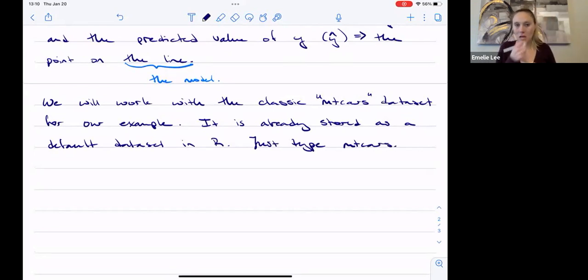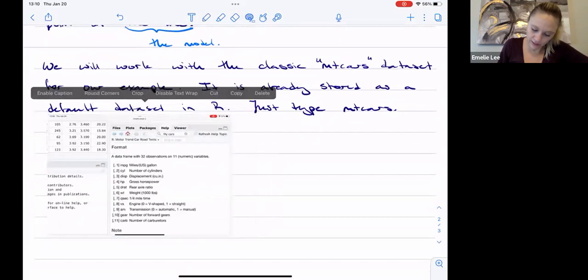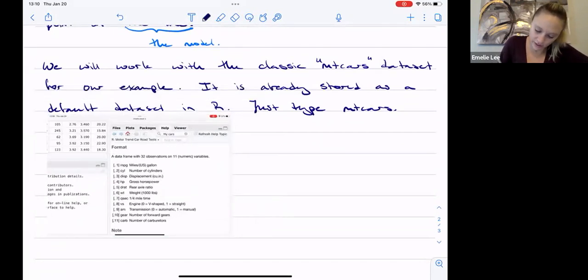Okay. If you look at this, this is essentially a code book.